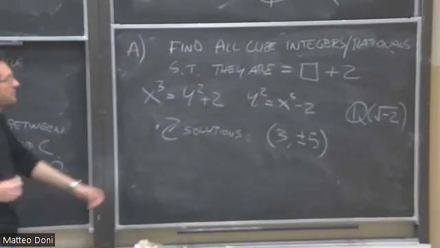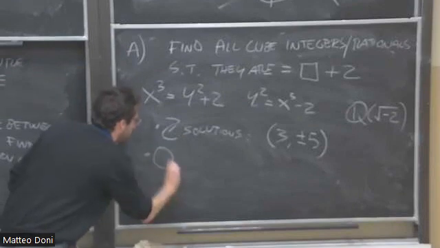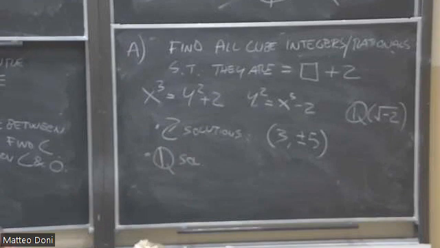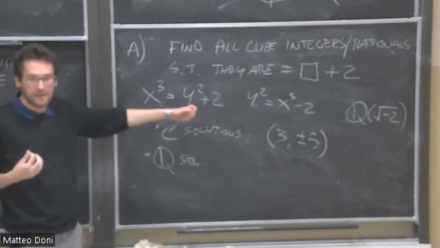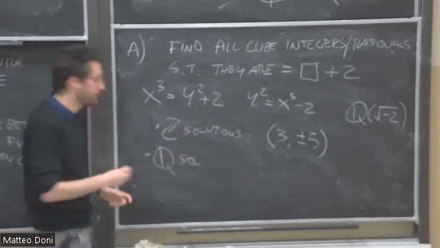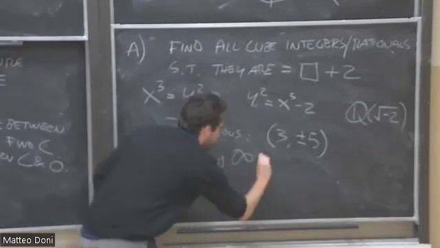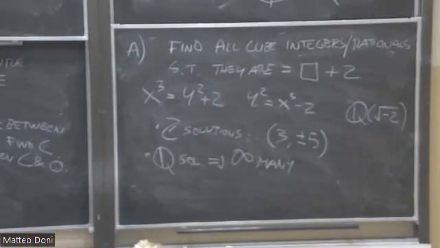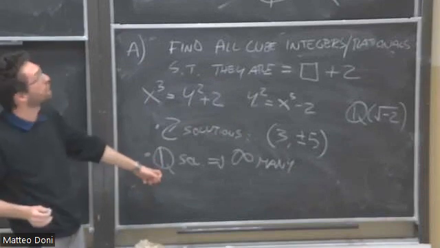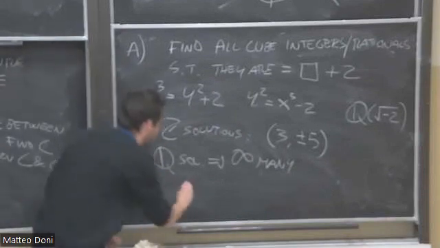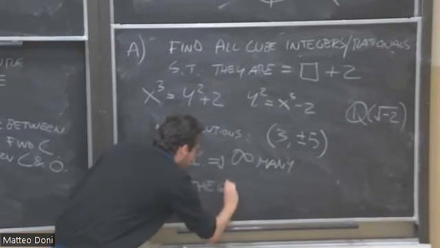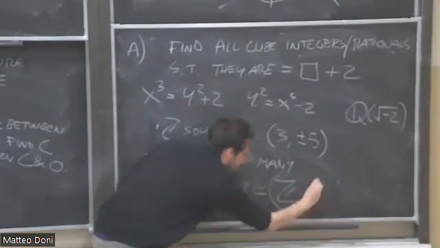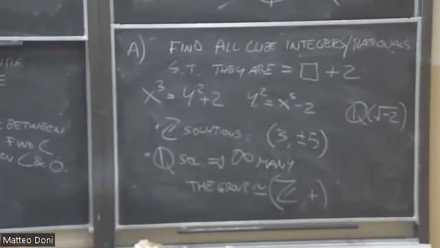More interesting is what happens for the rational solutions. In order to prove this, you really need the geometry of the elliptic curve: there are infinitely many such rational solutions, and if you take the group of solutions with Q coordinates, the group is in fact infinite and cyclic.